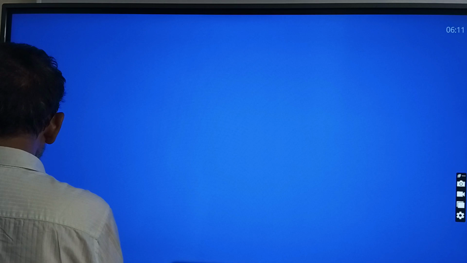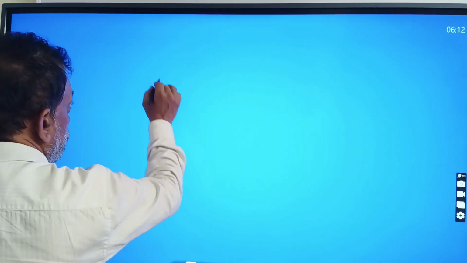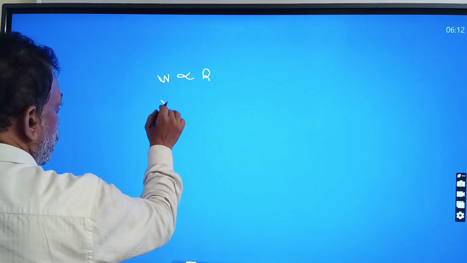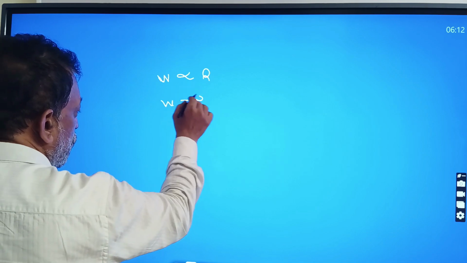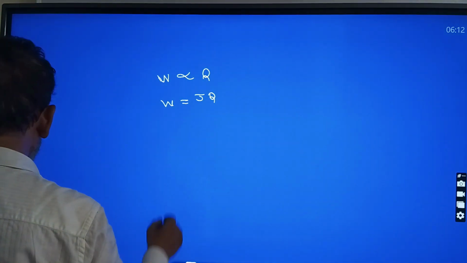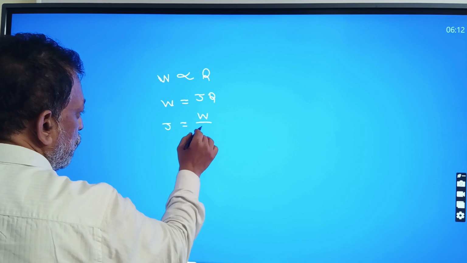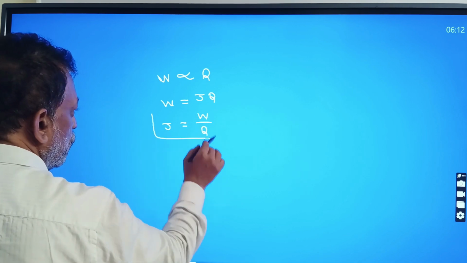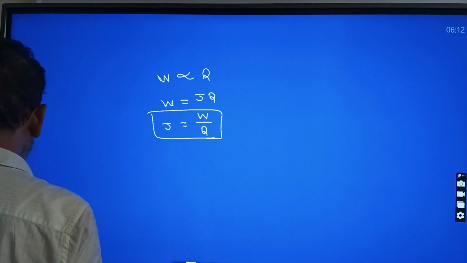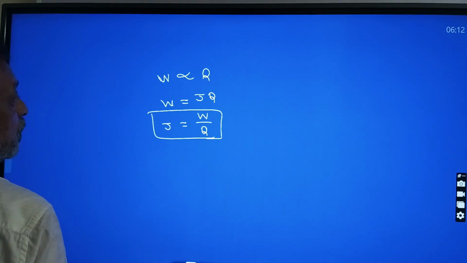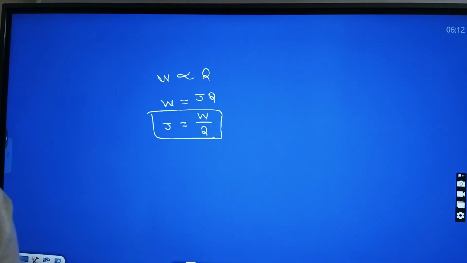That is, work done is directly proportional to heat produced. Therefore, work done is equal to some constant, Joule's constant, into Q. So you can write J is equal to work done by Q, where J is the mechanical equivalent of heat.